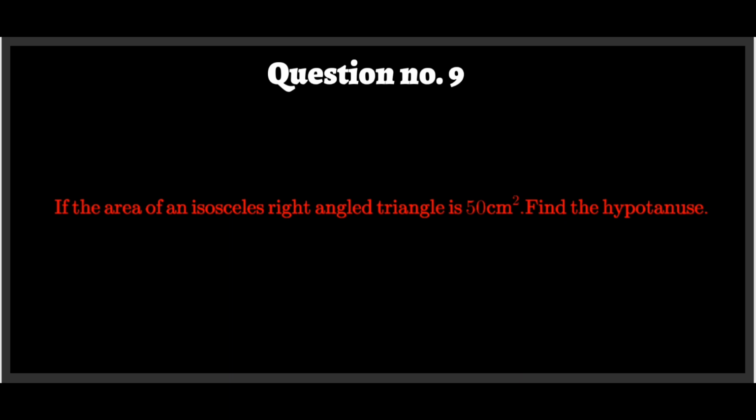Question number 9. In an isosceles right-angle triangle, let the triangle be ABC, where angle ABC is right angle, and so AB equals BC.